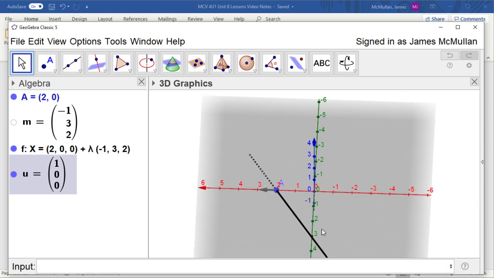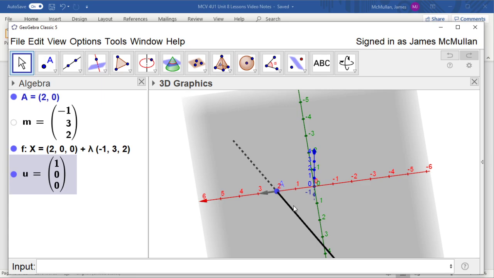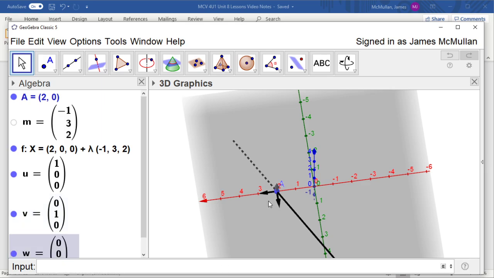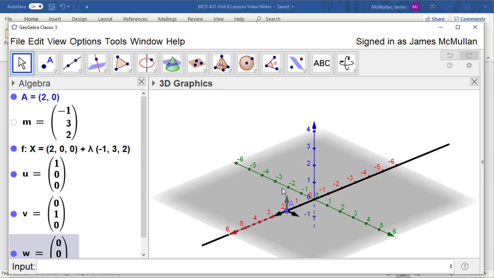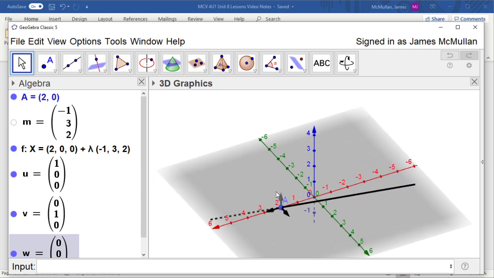That's kind of like the angle it makes with the positive x-axis if I did the angle between that vector and the direction vector. I'm going to make another such vector parallel to the y-axis, so it points towards us, and then another parallel to the z-axis that points straight up. So what angle does our line make with any of those vectors? I don't know, we'll see if this works.